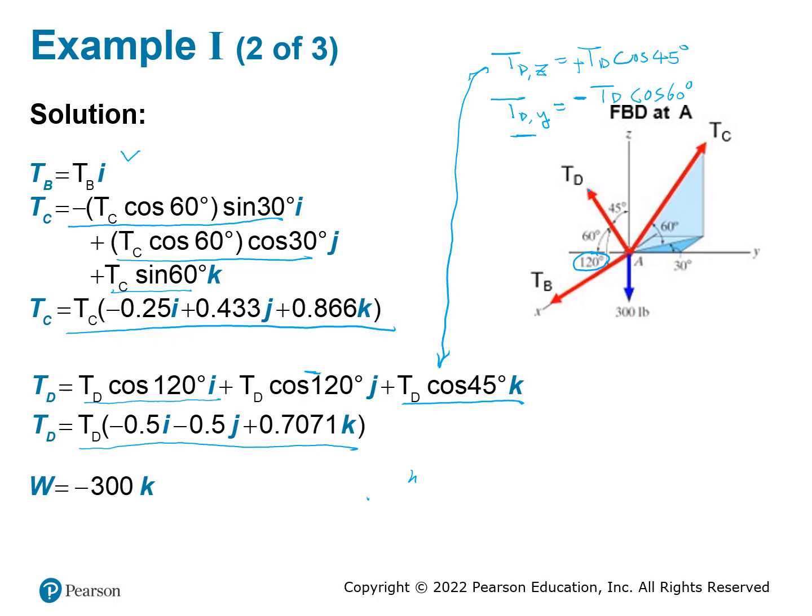And finally, we have a load, which is the weight here of 300 pounds. And it's in the negative z direction, so it's along k. Okay, it's negative 300 pounds in the k direction.